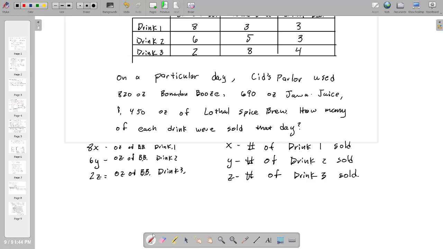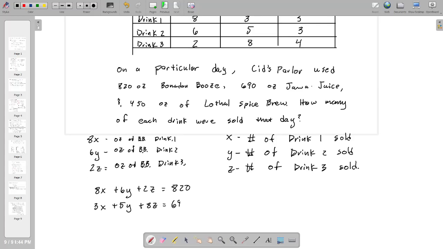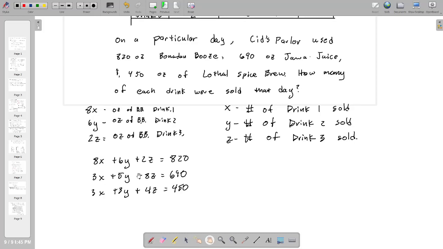So we get 8x plus 6y plus 2z is equal to 820. 3x plus 5y plus 8z is going to equal 690. And 3x plus 3y plus 4z is going to equal 450. And this is our system.